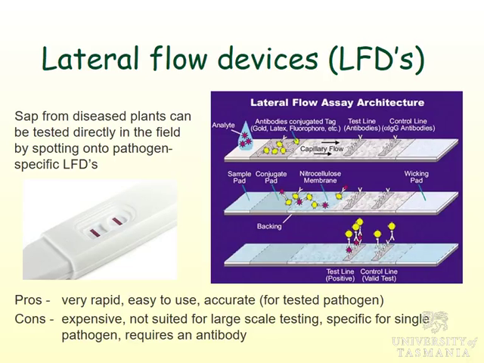You've got a pad here for loading the sample onto. You've actually got conjugated antibodies relative to your pathogen. You've got a test line and a control line. It's important to have both so you know the test's working.